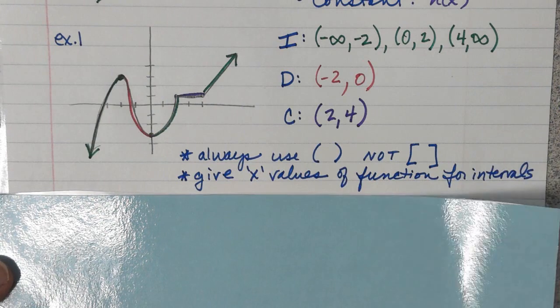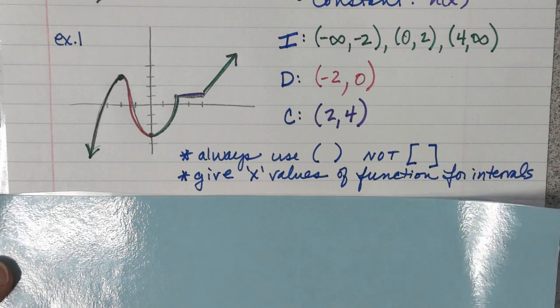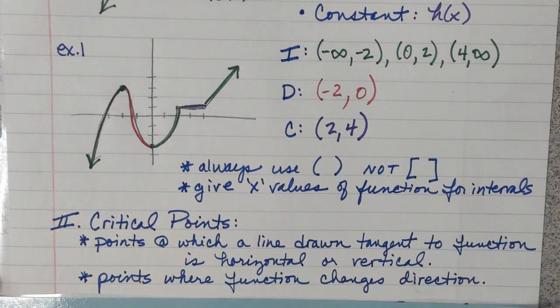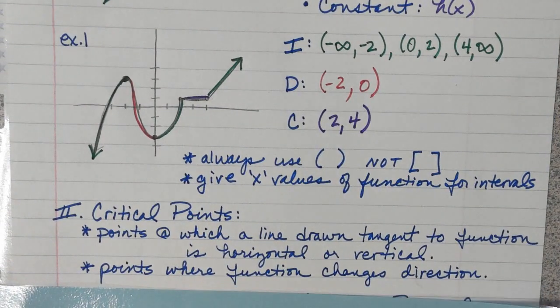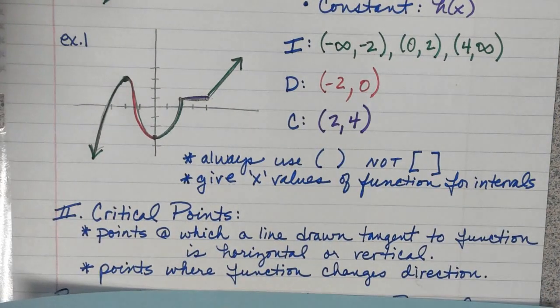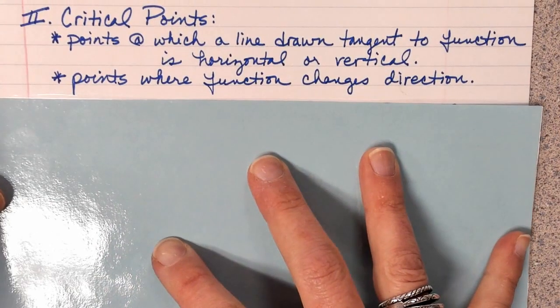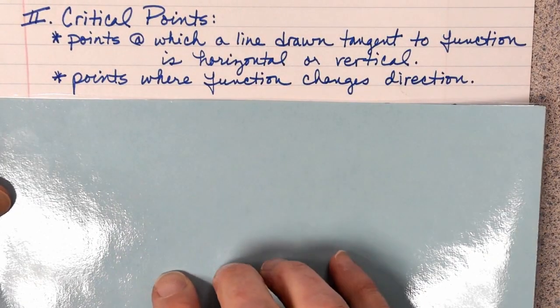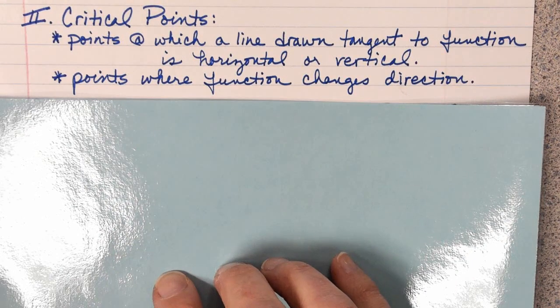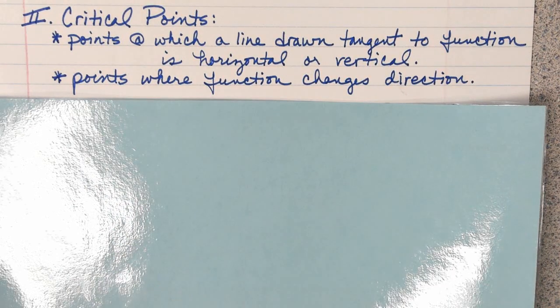The next thing I'd like to talk about are the critical points within a function. Critical points are points where if you draw a tangent line to the graph, it's going to be either a horizontal or a vertical tangent line. Another way to think of it is it's where the function is going to change direction.